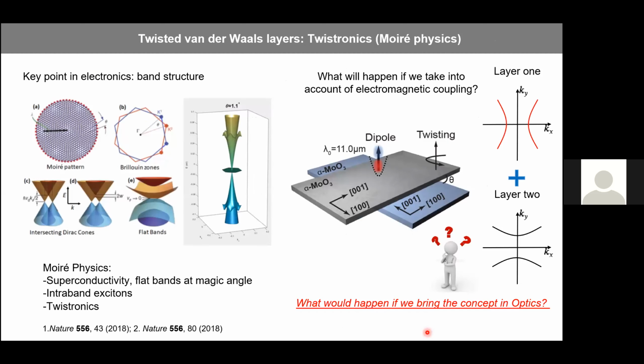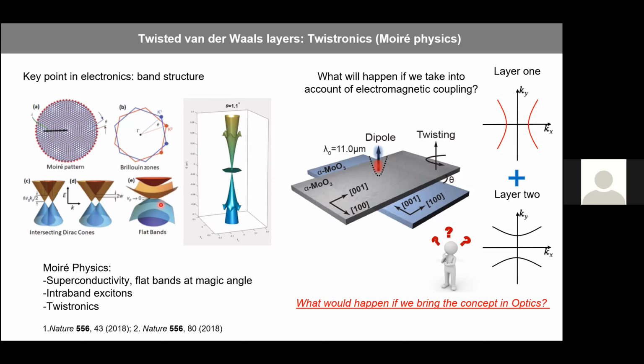So in the following slides, I want to show you how we can do more with this in-plane hyperbolicity. We were quite inspired by this beautiful work published in 2019 by Pablo Jarillo-Herrero at MIT. They found magic angle graphene. They found that if they twist two bilayer graphene at a critical angle, they will have this flat band in the electronic band structure.